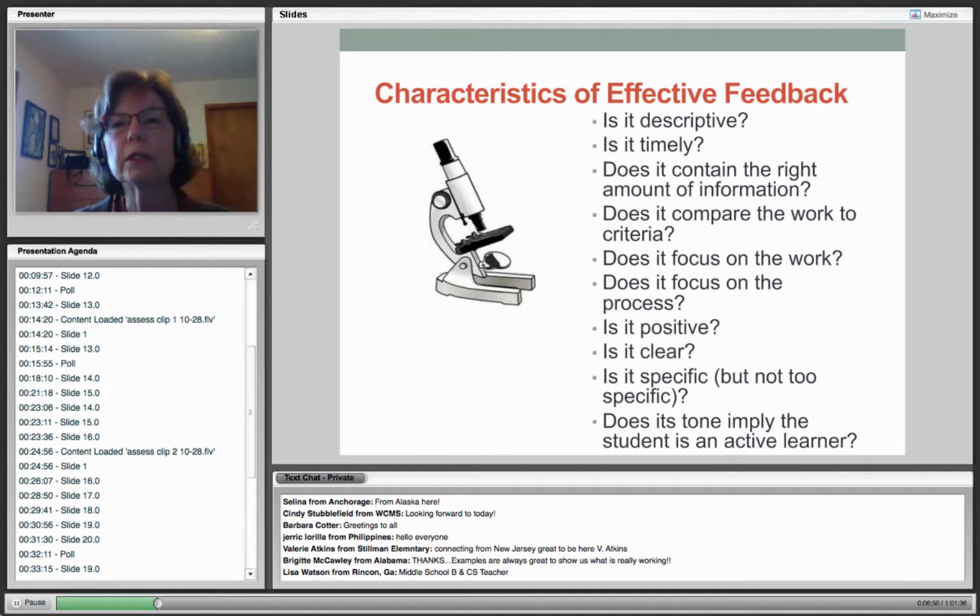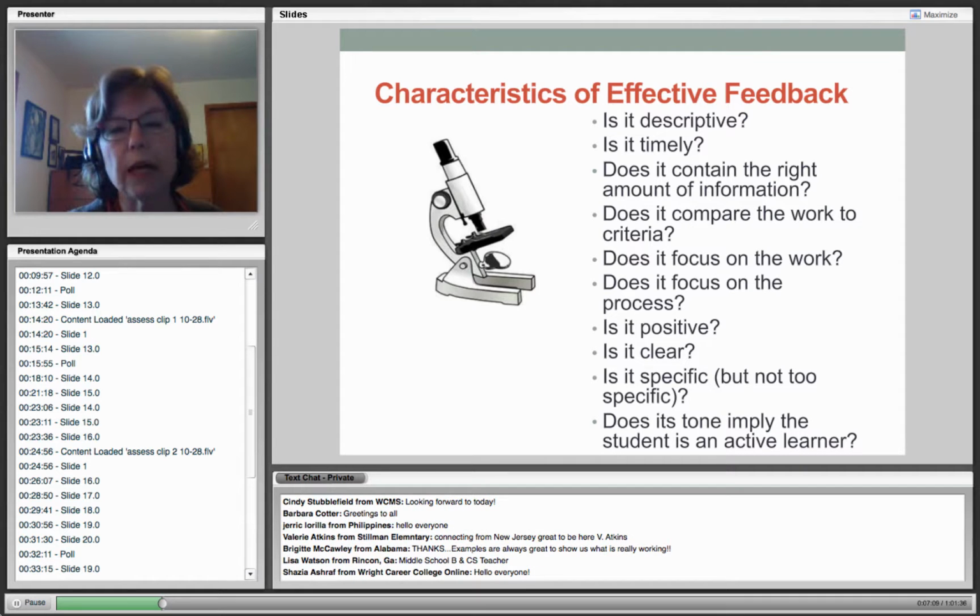So the characteristics of effective feedback are basically that they should be descriptive, timely, and contain just the right amount of information, what the student needs to know to do the next step.